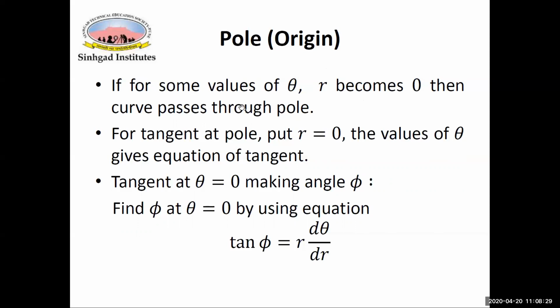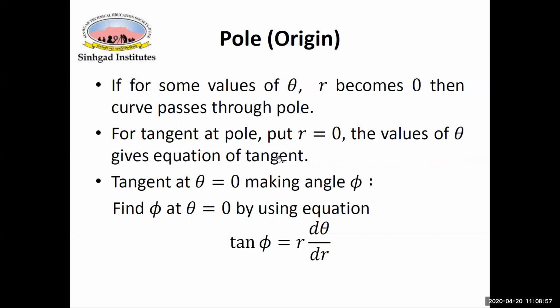Once it passes through the pole, we have to find the tangent at the pole. To find the tangent at the pole, substitute r equal to 0 in the equation of the curve. And then find the values of theta, which give you the equation of the tangent to the curve at the pole.